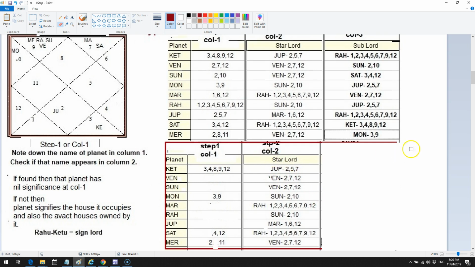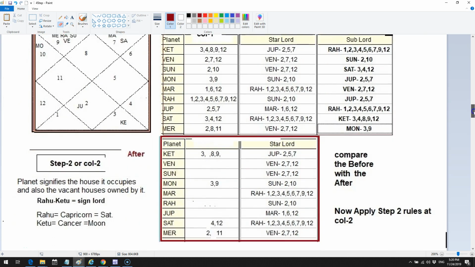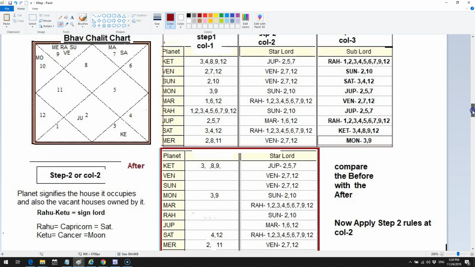So let's focus on step 2 or column 2. Now what is the rule? The rule for step 2 or column 2 is that the planet signifies the house it occupies and also the vacant houses owned by it. This is where we have to be focusing. It says the planet signifies the house it occupies.